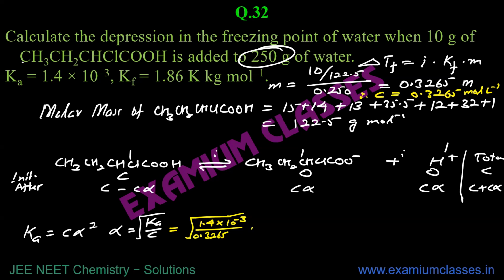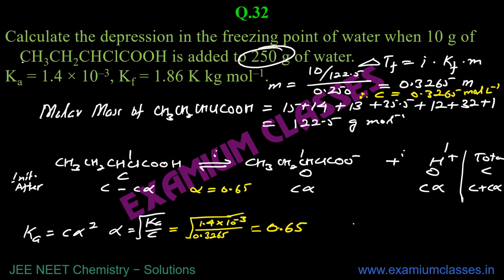So when you solve, it will be 0.065 approximately. So you got the value of alpha from here. Alpha is degree of dissociation. Once you have got the value of alpha, you can calculate i.